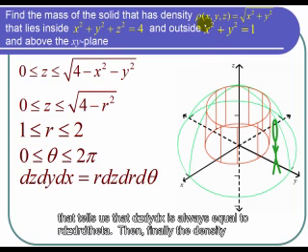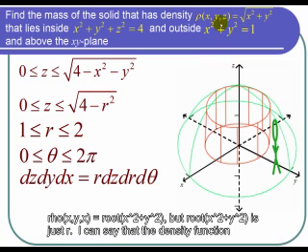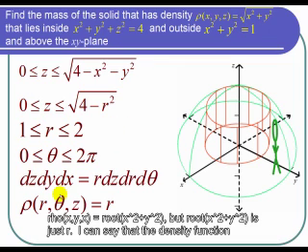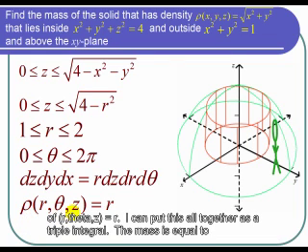And finally the density, rho of x, y, z, is the square root of x squared plus y squared. But the square root of x squared plus y squared is just r. So I can say that the density function of r, theta, z is equal to r.